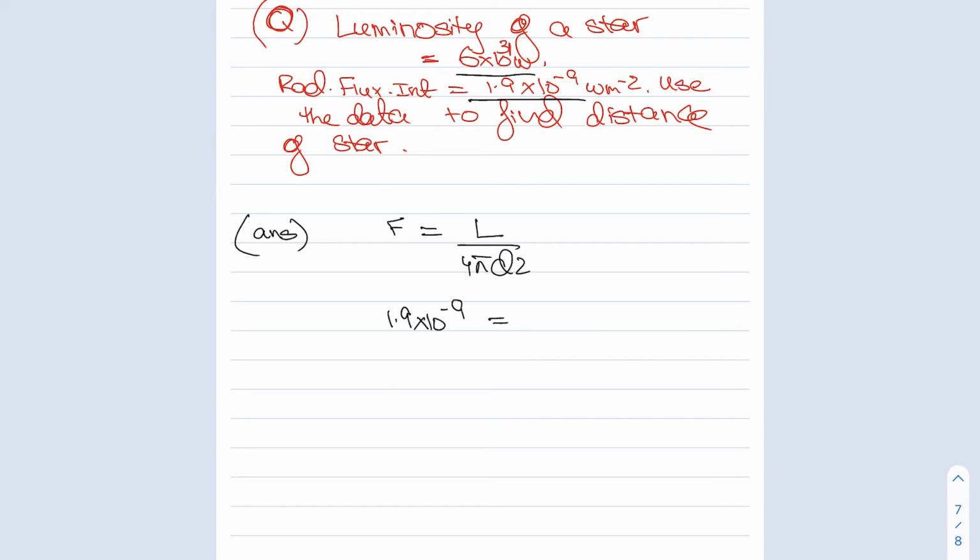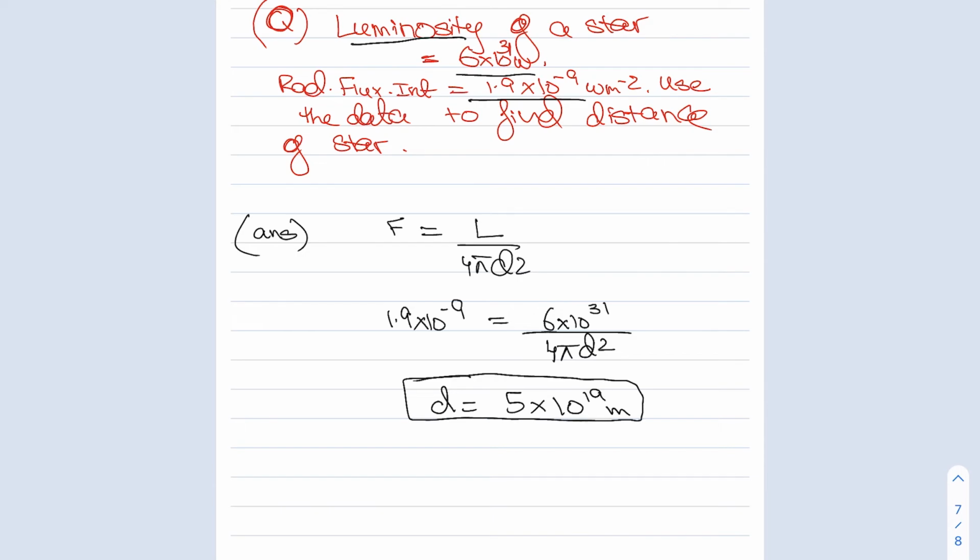L, the luminosity of the star, is given as 6 into 10 raised to power 31, and we have to find the distance d. We make d the subject and we get 5 into 10 raised to power 19 meters as the distance of the star from wherever you're observing the star, right?